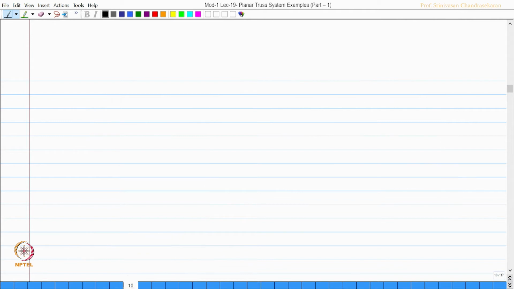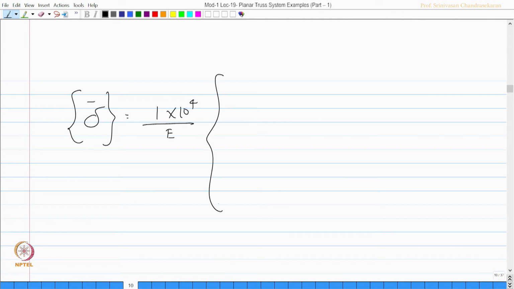I substitute this, now I will get delta bar with reference to the reference axis system as 1 into 10 power 4 by E, 6.8881, 2.0521, 5.4532 and minus 2.7479. Okay. The degrees of freedom are going to be 1, 2, 3 and 4. So, that is my global displacement vector in the reference axis system.